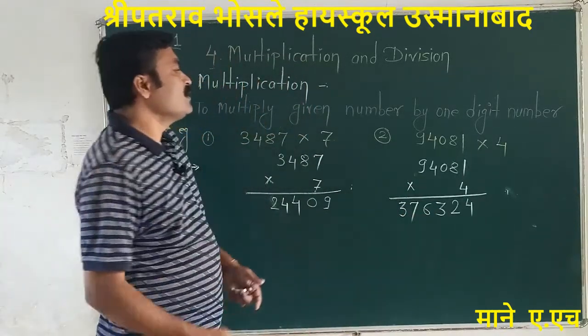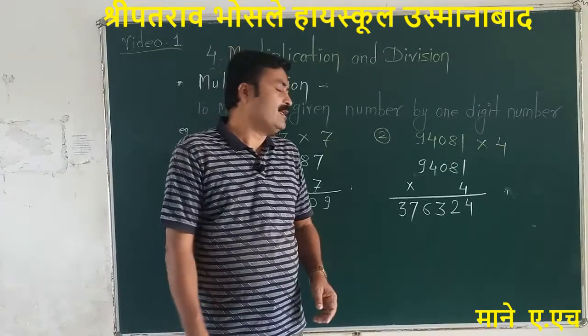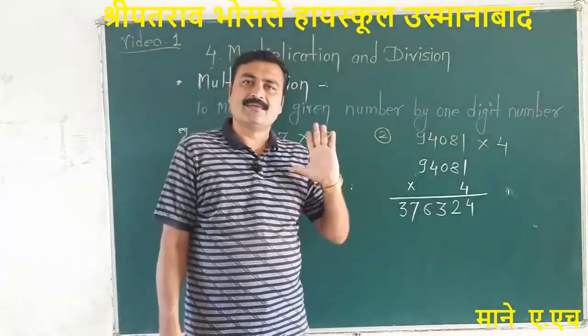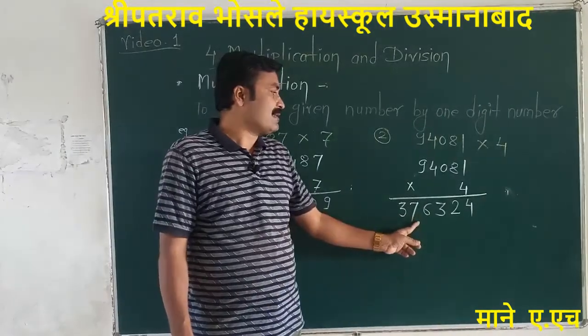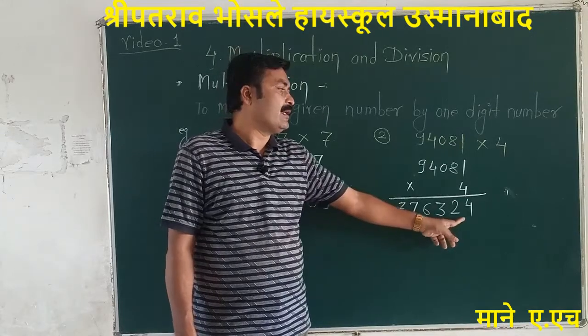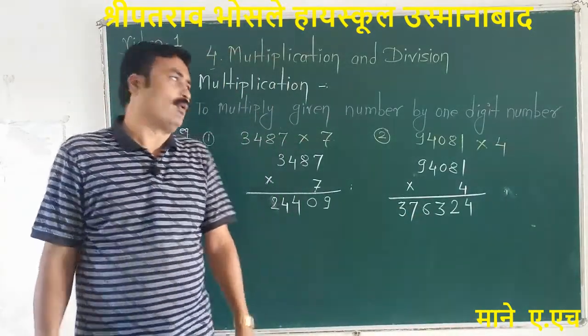After completion of this multiplication process, finally we get the answer as a 6-digit number, that is 3,76,324.